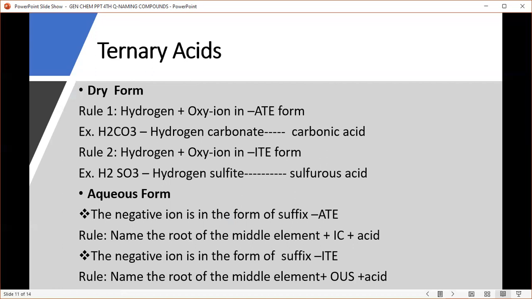Okay? So we often say carbonic acid, sulfurous acid, no? So we often go to our aqueous form.